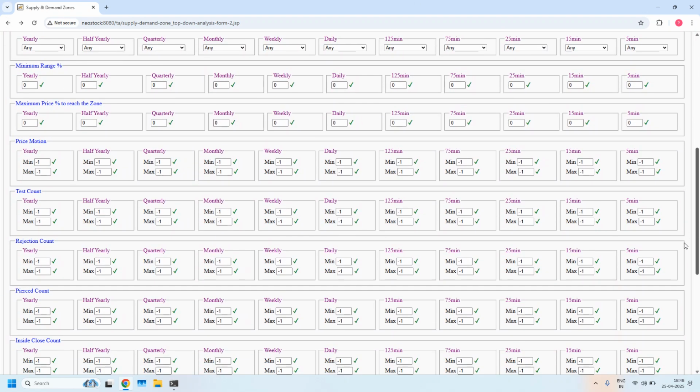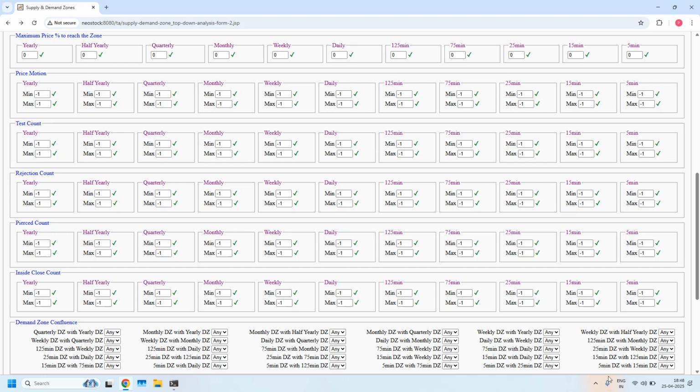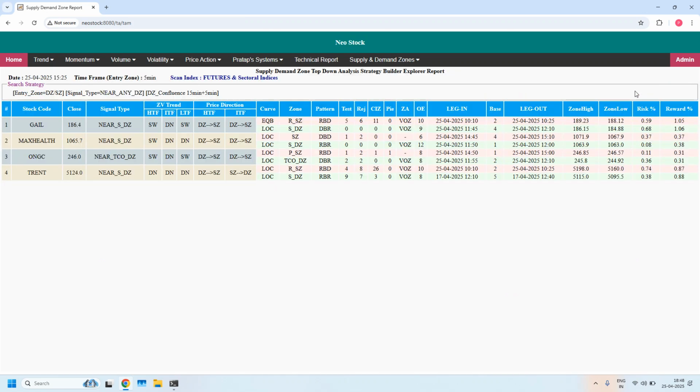So in the demand zone confluence, I am enabling the filter 5 minutes demand zone with 15 minutes demand zone confluence. With this filter, out of 7, we got 4 stocks. So all these 5 minutes demand zones are overlapped with 15 minutes demand zones.